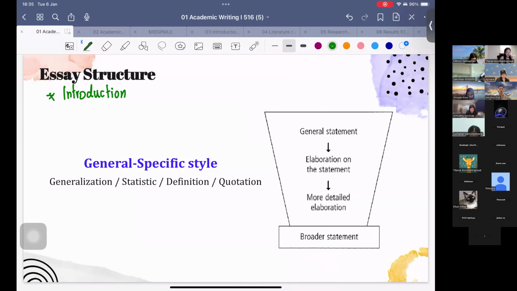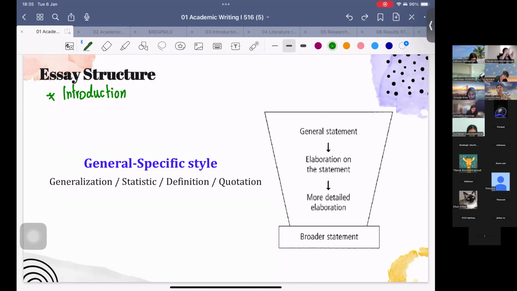So this one we call the upside down funnel. As I think a lot of you know, when we write an intro, we tend to start with something broad and then narrow it down to the specific point that you want to discuss.